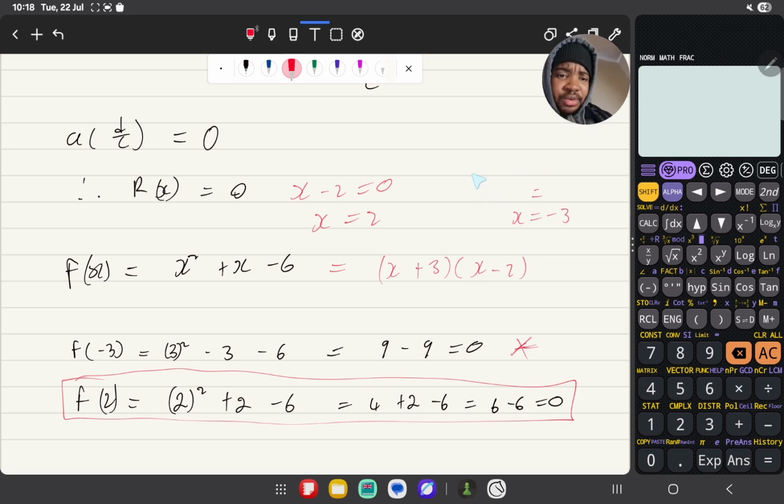So here you go again, you have x plus 3 equals 0, right? But remember, usually when you're solving for x, before you get here, you would be having two brackets, x minus 2, x plus 3 equals 0.